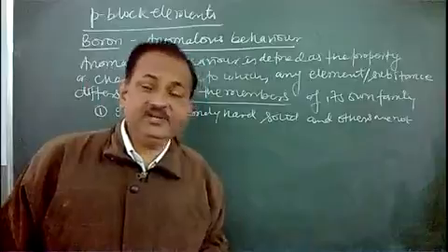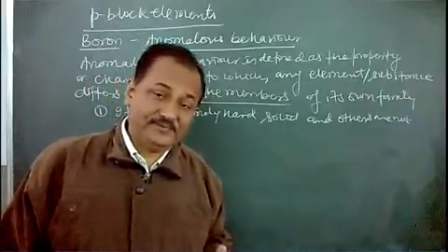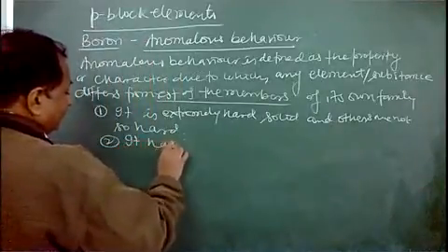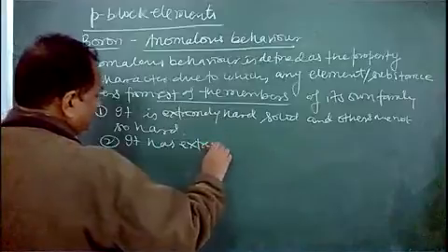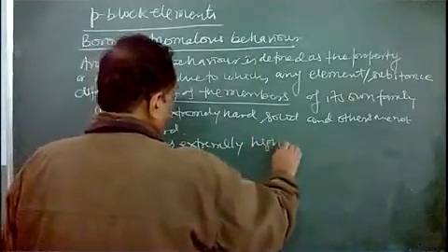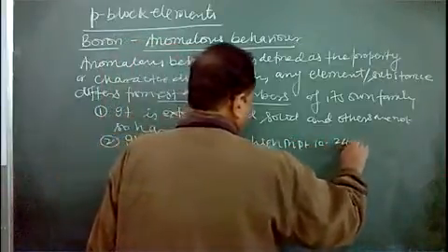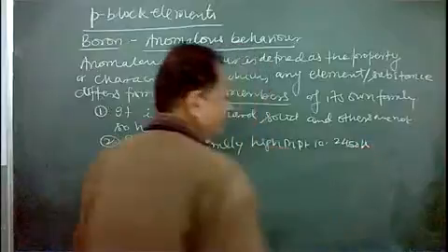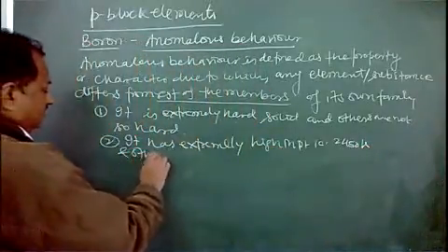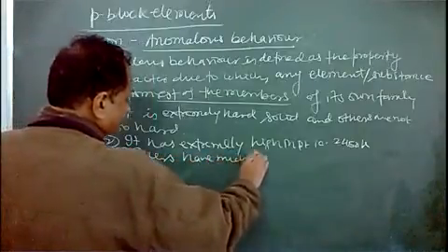Like aluminium. Aluminium is also a solid, but aluminium is soft. Second point is, it has an extremely high melting point. That is 2450 Kelvin. And others have much less.